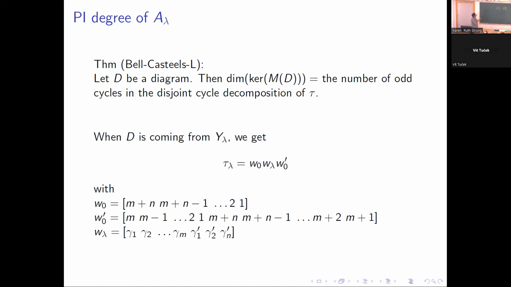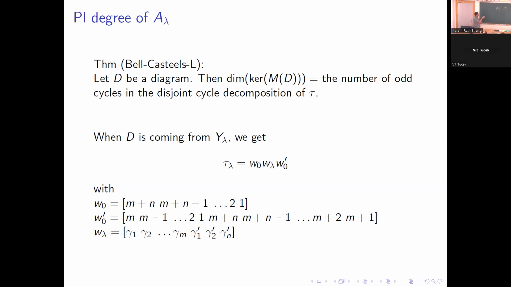And in the case where Y lambda is just a partition, then we can actually explicitly compute this permutation. It's a product of 3 permutations. You can see the longest element in the Weyl group, the longest element for the stabilizer of S_m times S_n, and then the permutation W lambda corresponds to this permutation here in one-line notation. So we know exactly which permutation we have to deal with. And so we know the dimension of the kernel.